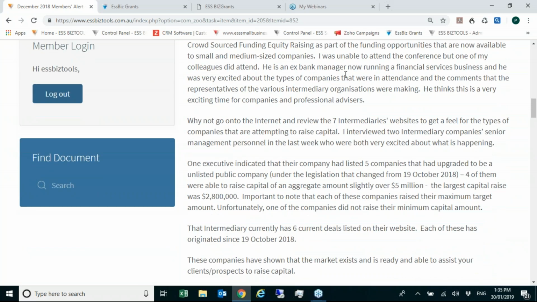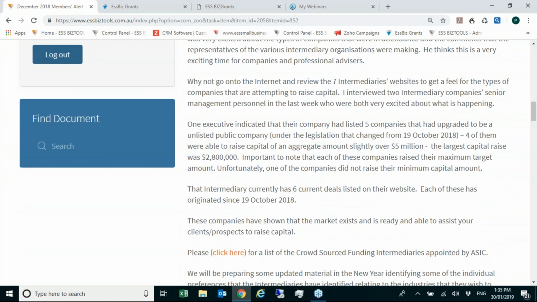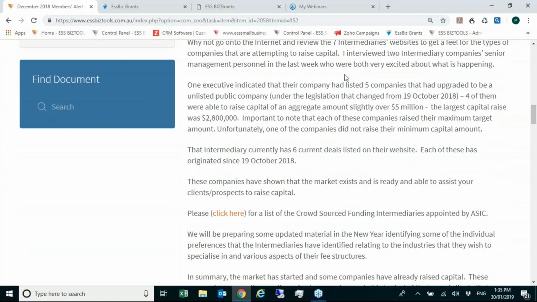So that's a bit of an update on what's going on in crowdsource funding. We got more information in the January issue, because we've now got some details as to how much money the companies have raised. There's been $13.4 million raised at least. And I say at least because a couple of the intermediaries' websites don't have any information on them, whereas a couple of them are very informative.